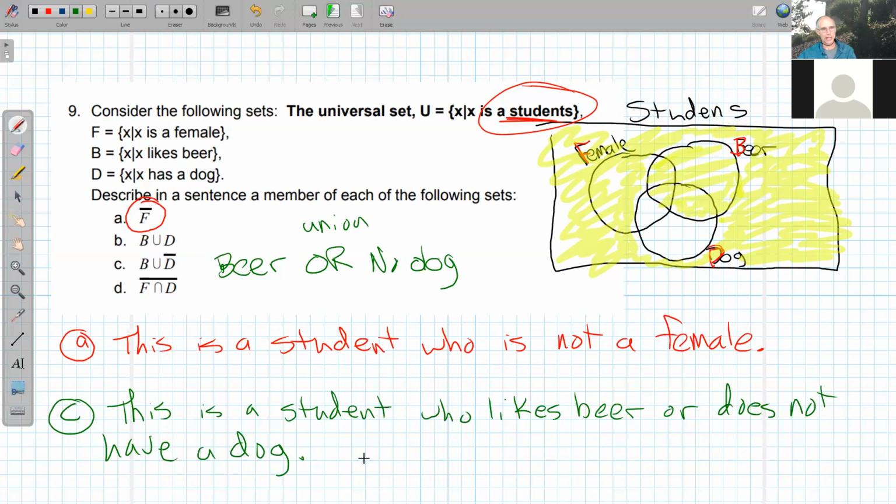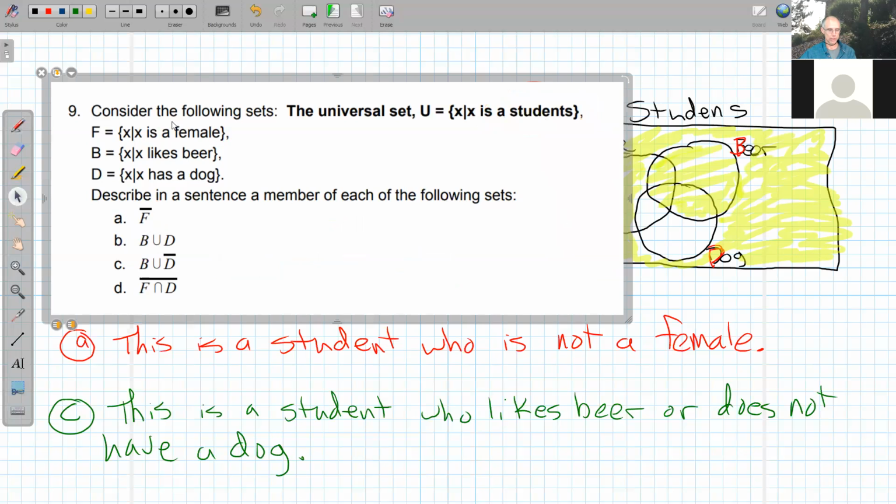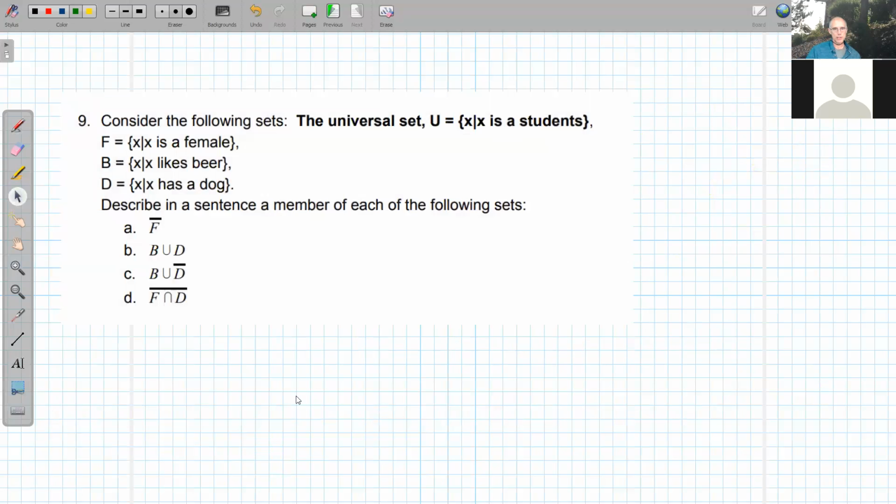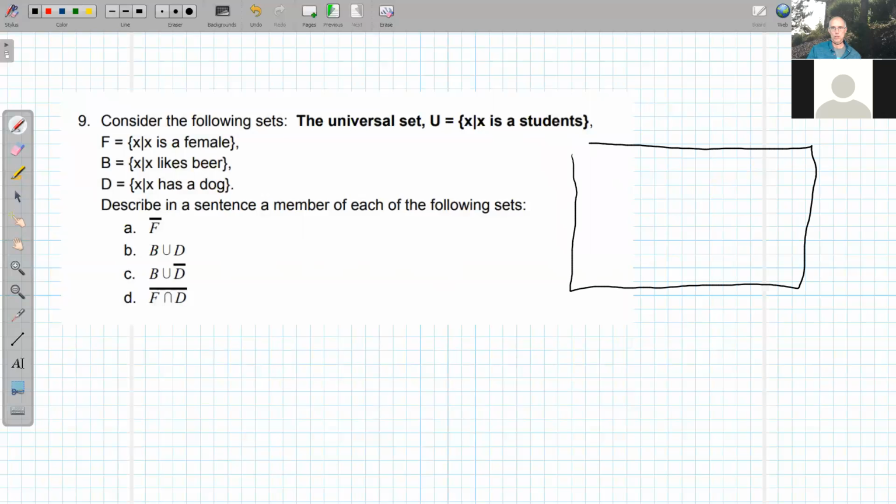All right, let's try D. And for that, I need a new page. Bear with me while I get set up. And maybe I need that Venn diagram again. So we have females, we have beer, and we have dogs. And we're all students here.